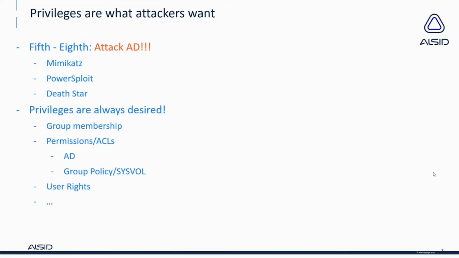So this is really what I want. I want to be able to get into AD fully, not just AD itself, but into group policy, because now I can create GPOs and distribute what I want to every machine, because every machine is consuming group policy. But we can't forget that part of privileges also includes user rights. Now, user rights are per machine, but they can give you full control over a machine pretty quickly.